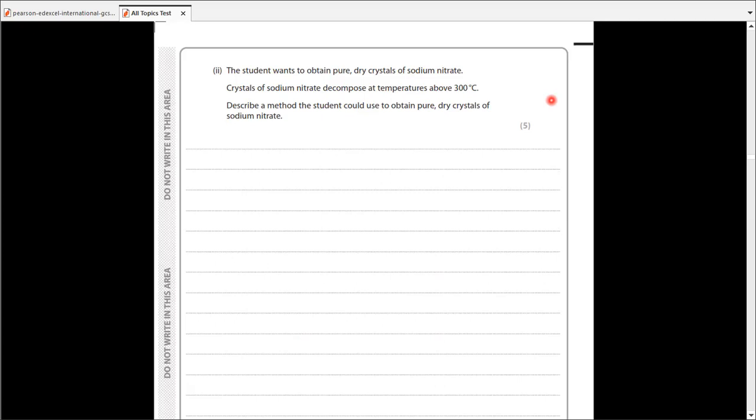You would hardly be using more than 100 or 103 degrees centigrade, which is far less than the 300 quoted in the question. You can simply write evaporating water, since it does not require more than 100 degrees centigrade. Even if you don't mention any temperature, it would still be correct. However, if you mention temperature, that's not wrong either. That's also a good approach.